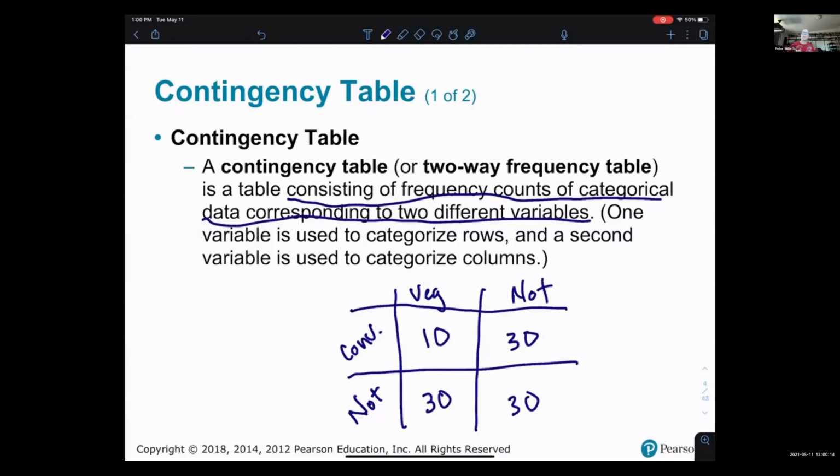Whether those variables are independent from each other and one has nothing to do with the other, or whether there's some dependence between the two, and one seems to rise or fall, or a change in value of one has an impact on the change of value of the other. Okay, so this is a contingency table.